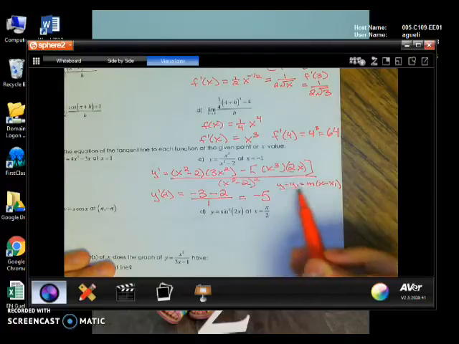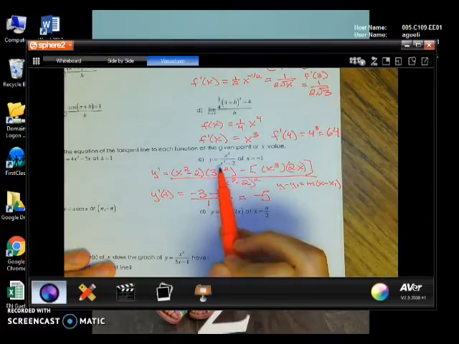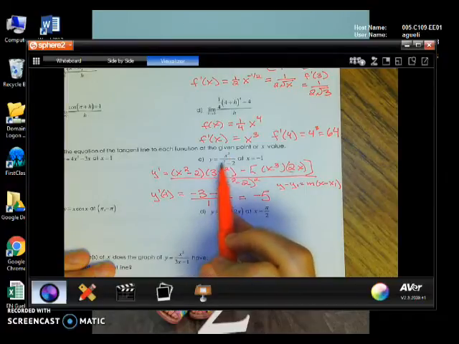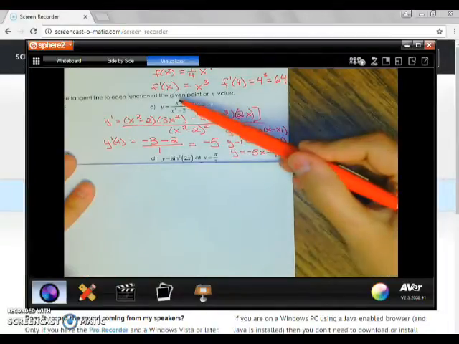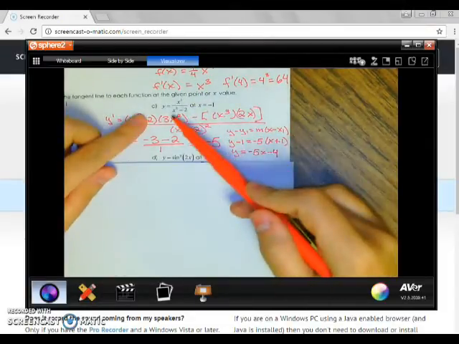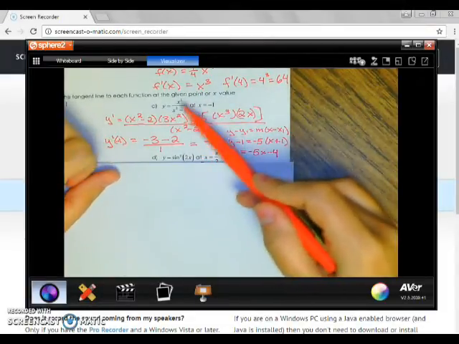The problem here is that I don't have the y value. To get this original y value, a point on the original line, you have to go back to the original. So when you plug in a negative 1 into the original, that's going to be a negative 1 divided by, let's see, another negative 1, which is going to give you a positive 1.